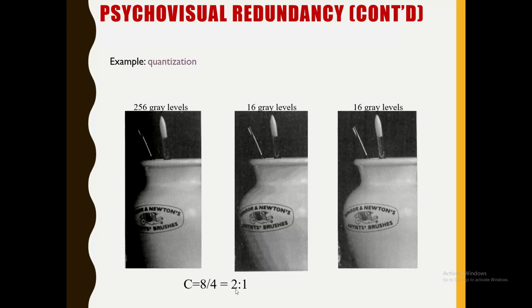The compression ratio is 2 to 1. This is another image. These images are obtained with the help of certain compression techniques, and the compression ratio remains the same. So I'm going to give you an example of the techniques from which we can obtain this kind of compression.